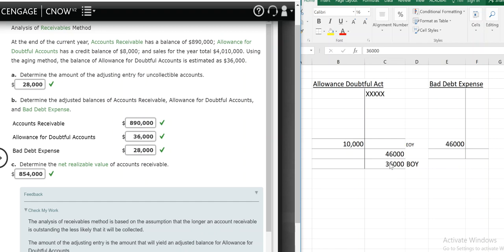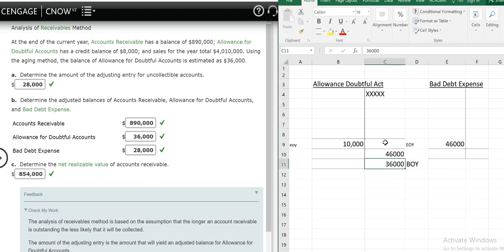We call it a plug-in in accounting: a number such that, minus the 10,000 debit, ends up with a $36,000 credit balance. Now, if you want to understand why we add the debit balance, or why we deduct the credit balance like in the first example, you should understand that the allowance account is credited at the end of every year. Then when we start a new year and identify customers that don't pay, we debit the account.